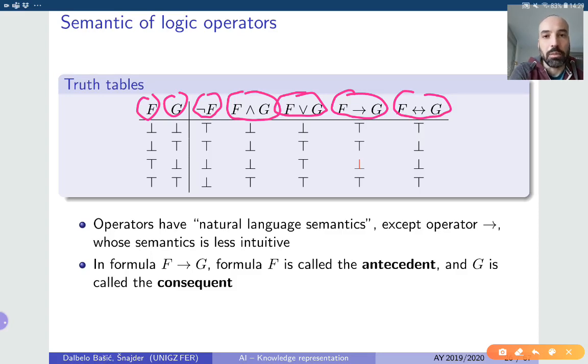When we say and, we mean both need to be true, and when we say or, we mean at least one of these has to be true, and so forth.